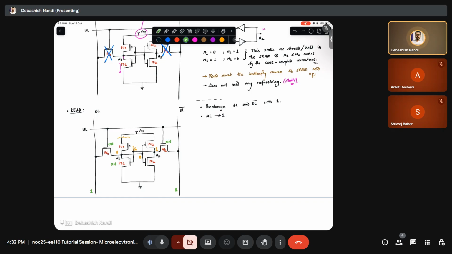Similarly for the right hand side inverter, what will happen? At the gate I see 0. So PU2 will be on, and PD2 will be off. And also you have 1 at this place.